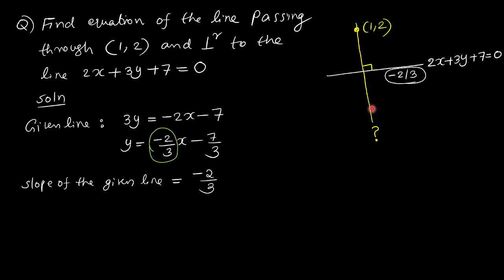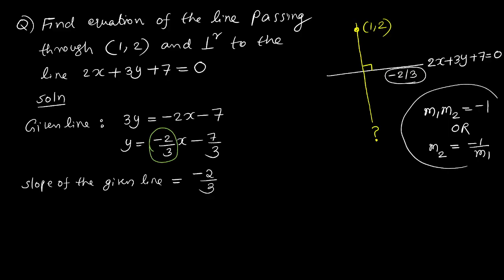But I want the slope of the required line. Yesterday we studied the condition for perpendicular lines: m1 into m2 equals minus 1. Or you may write this one also. If two lines are perpendicular, m2 equals minus 1 by m1. Both are the same thing. Please write this.